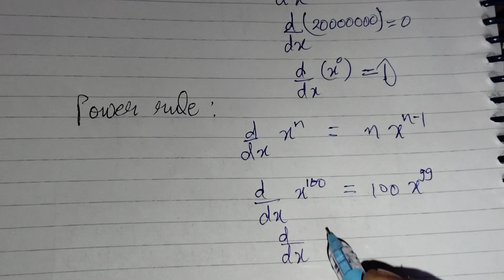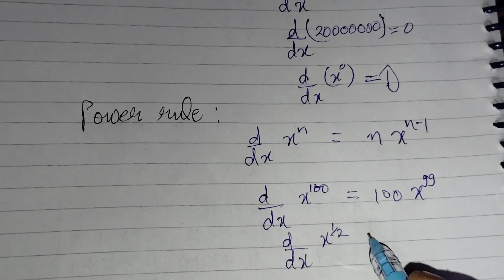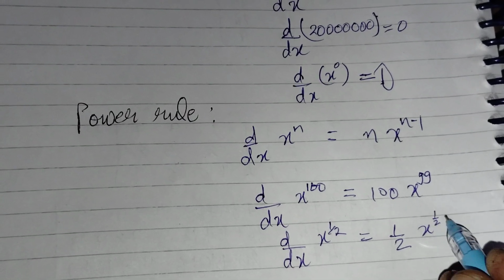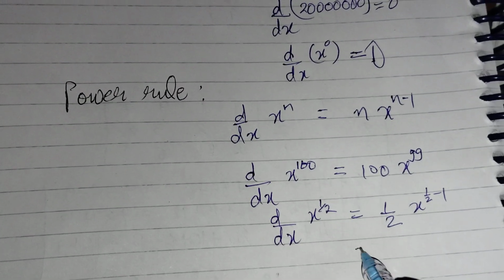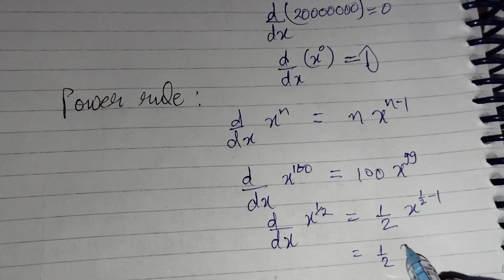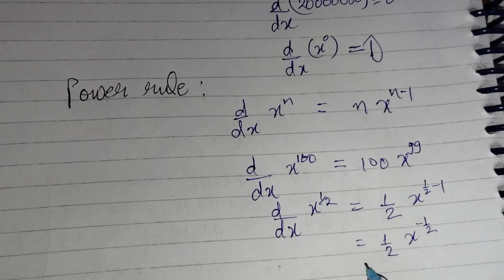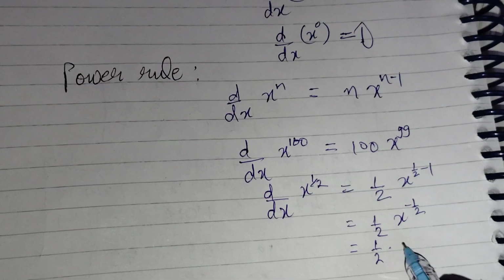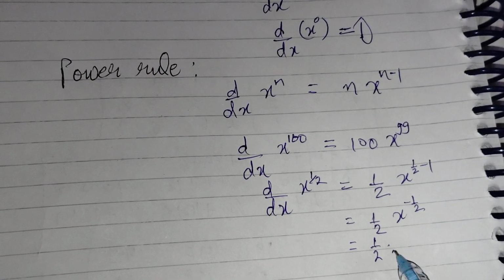Take one more example, x power 1 by 2. So 1 by 2 comes in front, and 1 by 2 minus 1 means minus 1 by 2 is left. A negative power is always written with a positive sign, so we send it into the denominator.